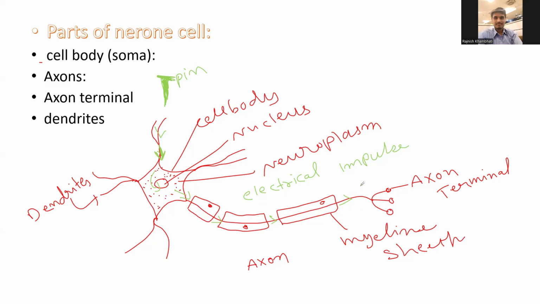As soon as it reaches the axon terminal, it comes out from the axon terminal as a chemical impulse. So this is the structure and parts of the neuron cell and its function, and this is how it carries the message from body to brain, brain to body.